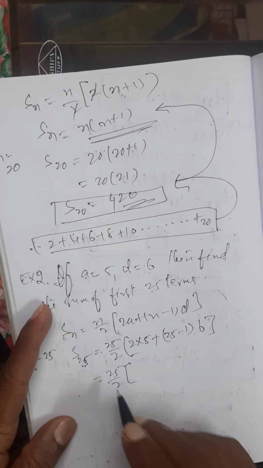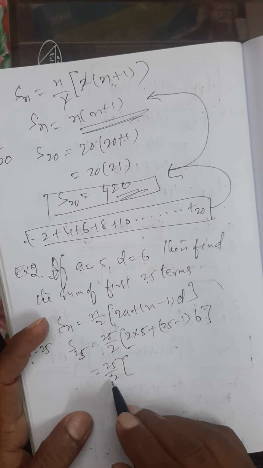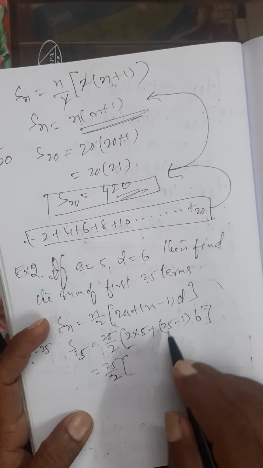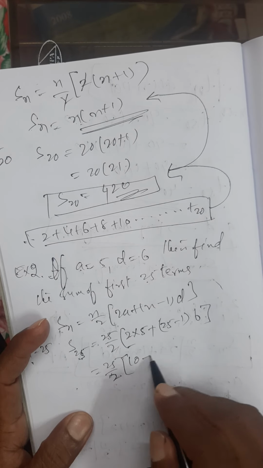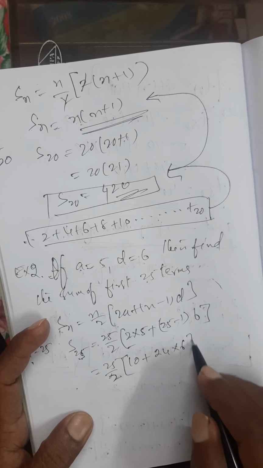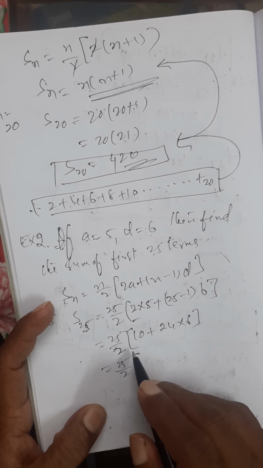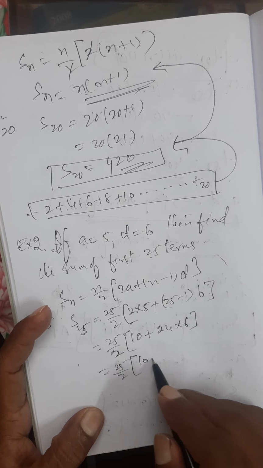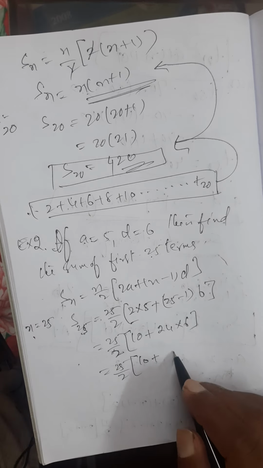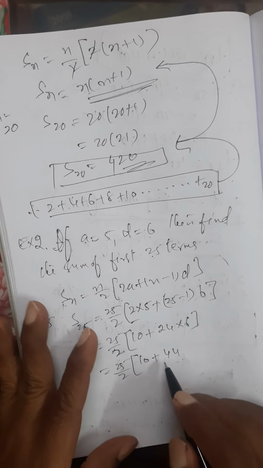You will get 25 by 2 as it is, because this does not divide directly. Put it like this, we will see this will be cancelled with another number. 2 5s are 10 plus 24 into 6. Again we can write 25 by 2 as it is. This is 10. This is 6 4s are 24, 2 6 2s are 12, and 2 14.